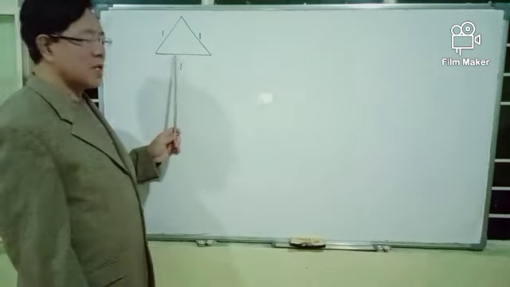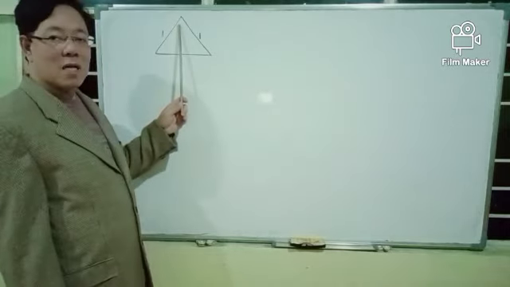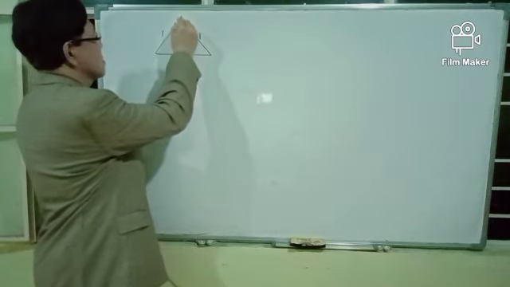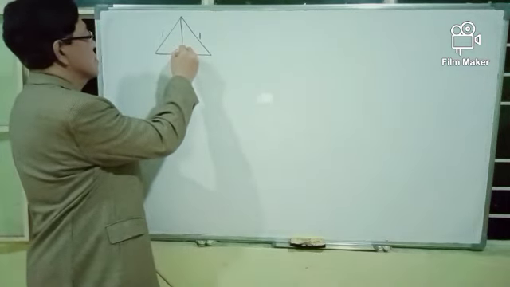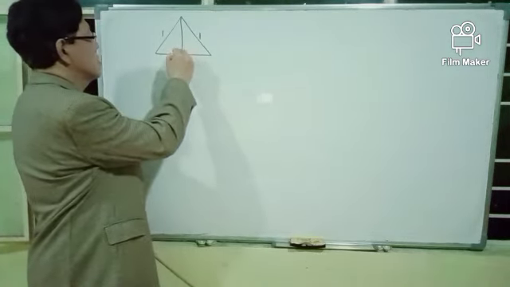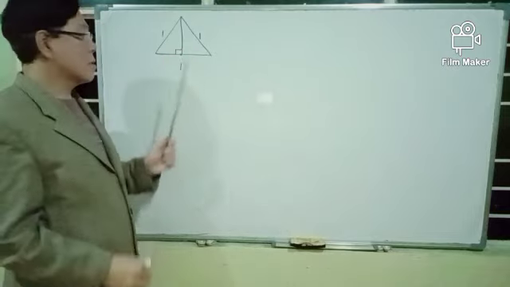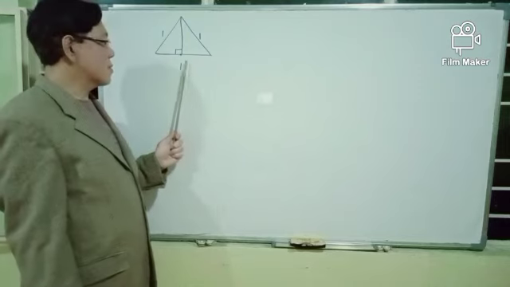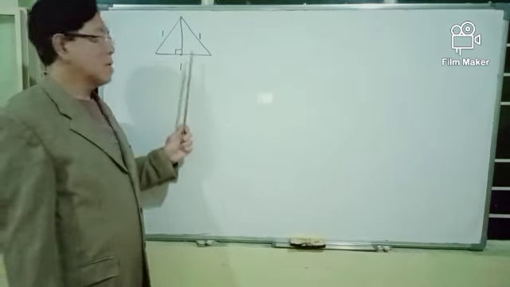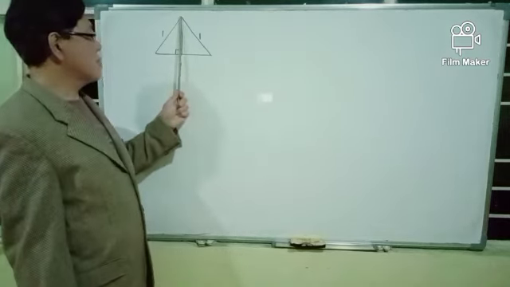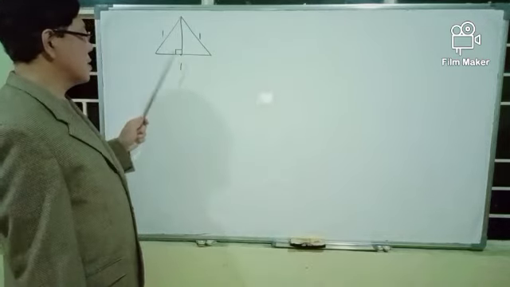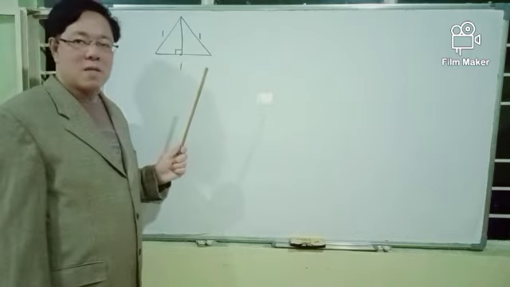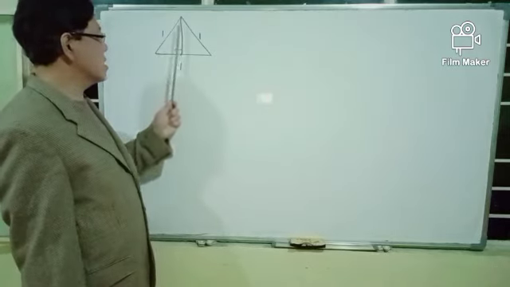We locate the midpoint of this side opposite this angle. This perpendicular bisector passes through the midpoint of this side. And because this is perpendicular to this side of the equilateral triangle, we form a right angle. Now we have the right triangle.